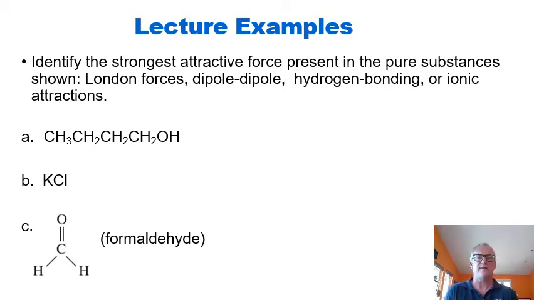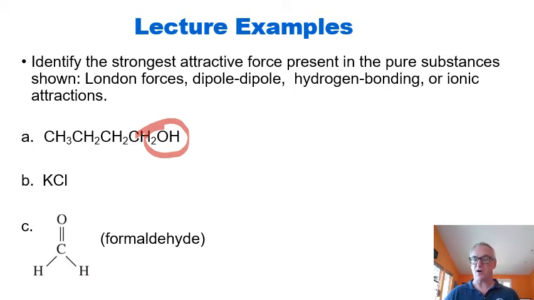So we want to identify the strongest attractive force in these substances. So we've got London forces, dipole-dipole, hydrogen bonding, ion attractions. So here we have an alcohol. We know it's an alcohol because it has the OH group, and it's bound to carbon.